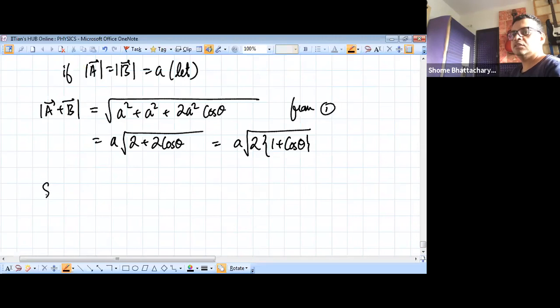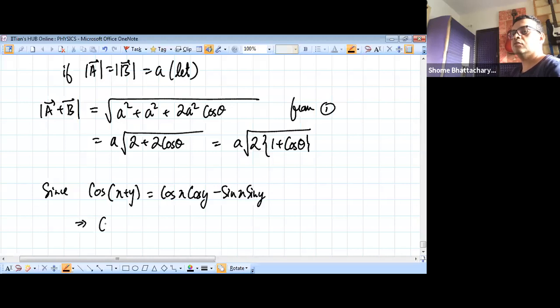Okay. Now since cos of x plus y is equal to cos x cos y minus sin x sin y, therefore cos of theta can be written as cos of half angle plus half angle.